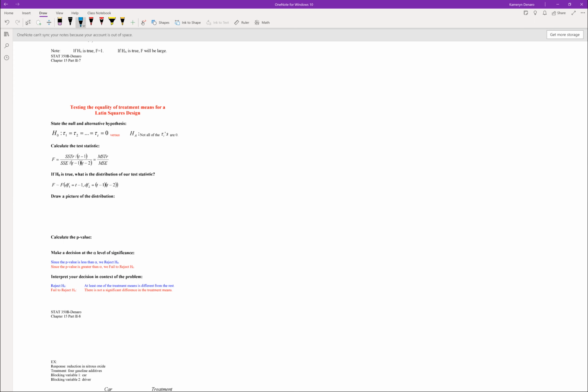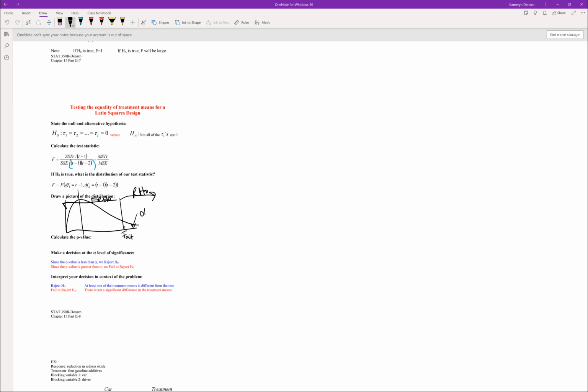And what we have here is a right-skewed distribution that peaks near 1. We can set up our rejection region and our fail to reject region. Essentially, this is the value for which we would say that we have enough evidence against our null hypothesis to conclude that at least one of the treatment means is different from the rest.